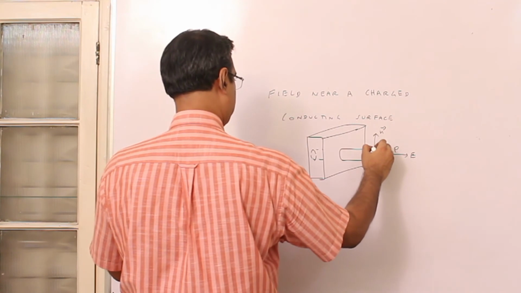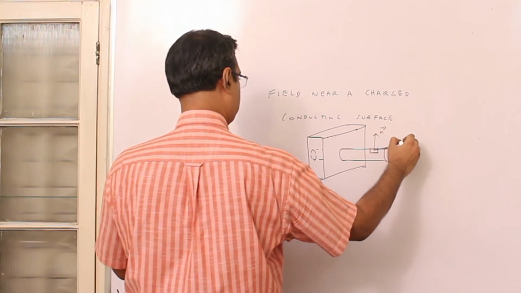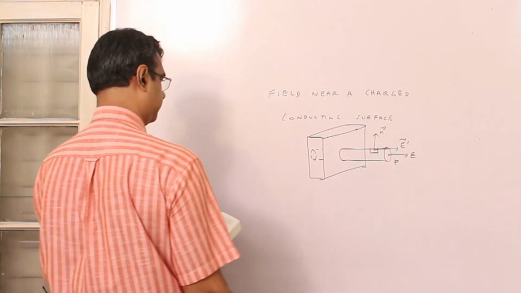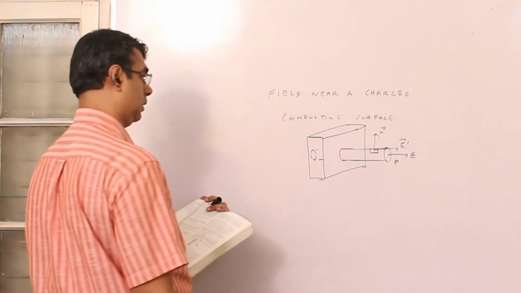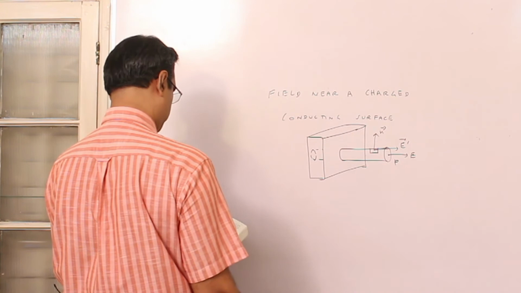This will be the area vector, and I am also considering an area on the curved surface. So this is the area vector and this is the field at that point.